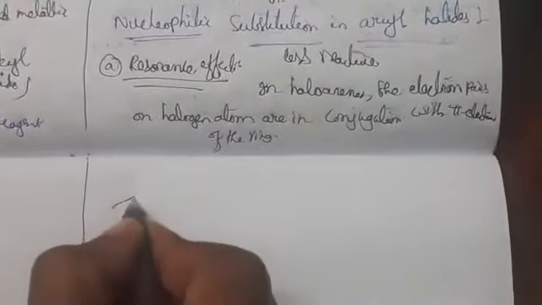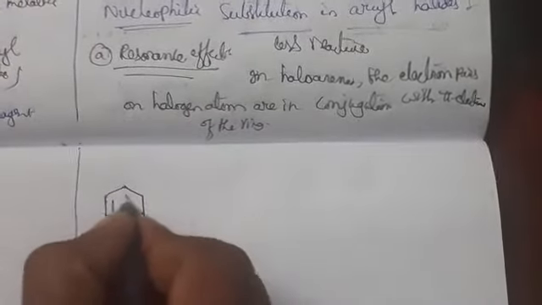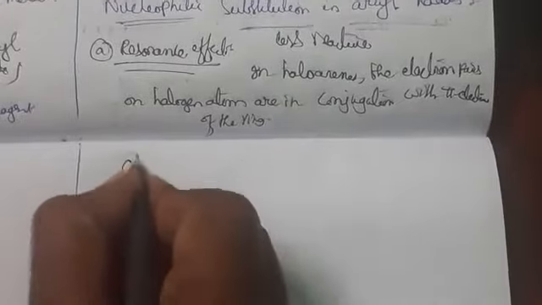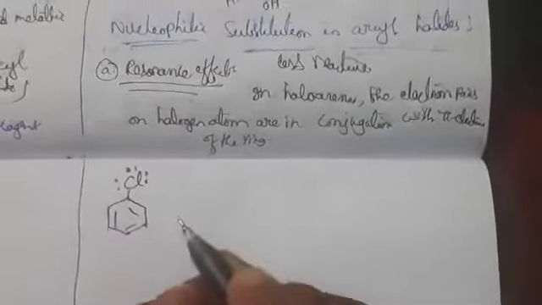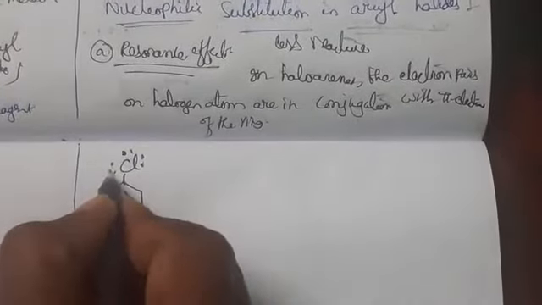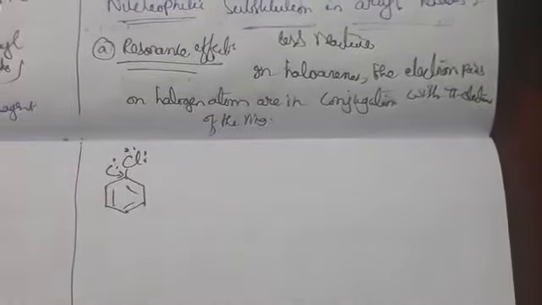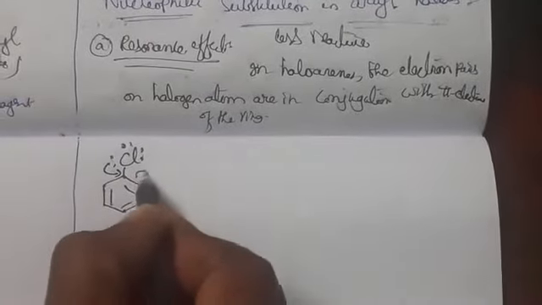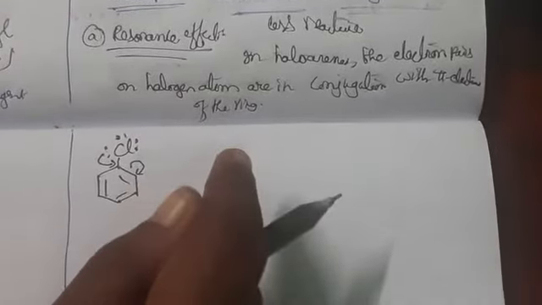So now have you seen, if you take a chlorine atom, this is the chlorine which is having lone pairs of electrons like this. Now this lone pair of electrons will form a double bond. If you turn a bond here, wherever you turn a bond, you will get a minus charge.